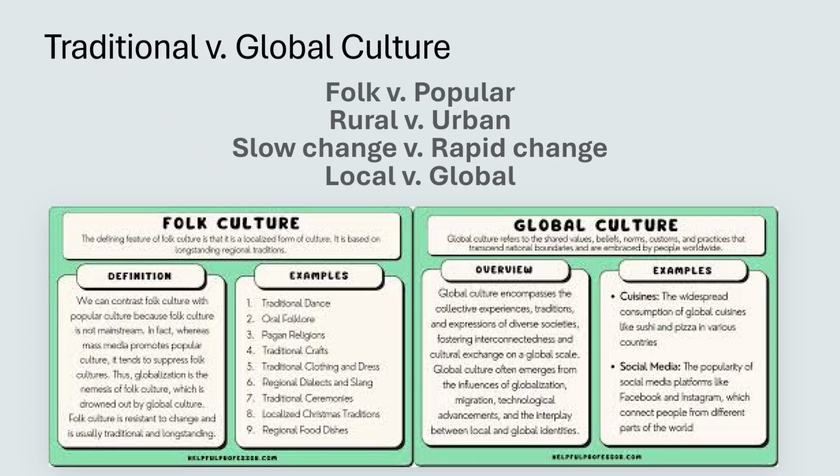Global culture transcends political boundaries and involves global events and ideas. It is rapid to change and more urban oriented. If you look on the screen, you can see examples of both folk and global culture. Traditional culture is always under pressure from global culture to maintain its own separate self.